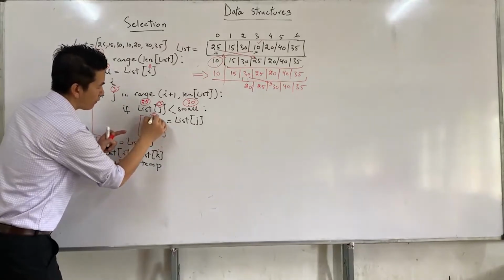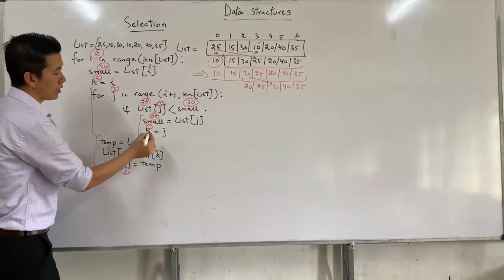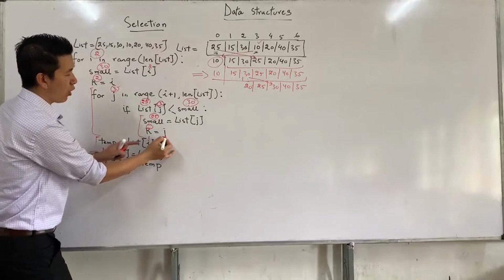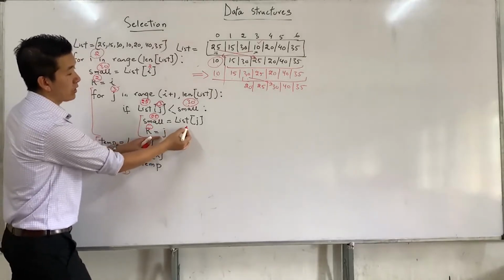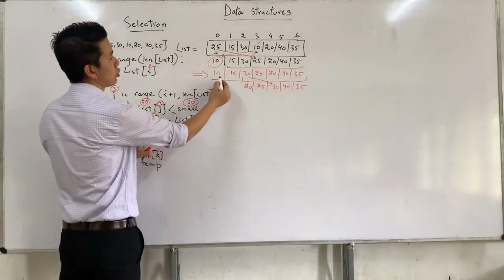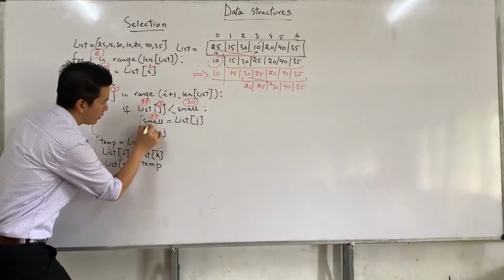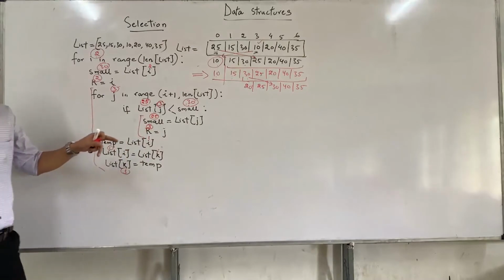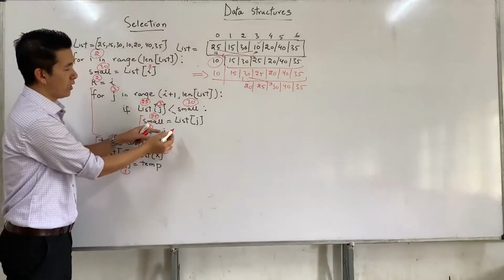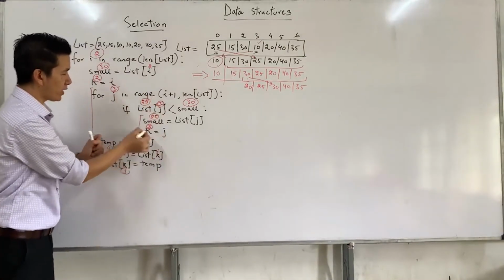So you will have 25 here. The index value of J is 0, 1, 2, 3, so I'll have 3 here. So I have 25 here and then J as 3 in K.